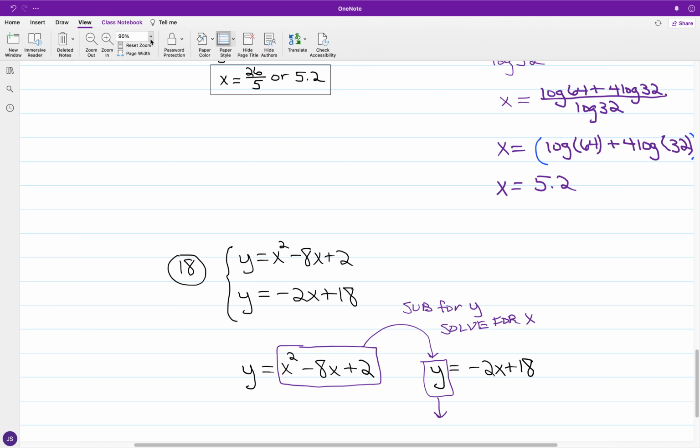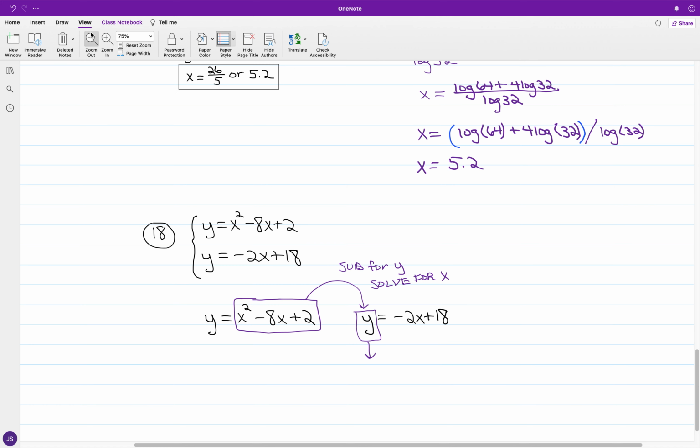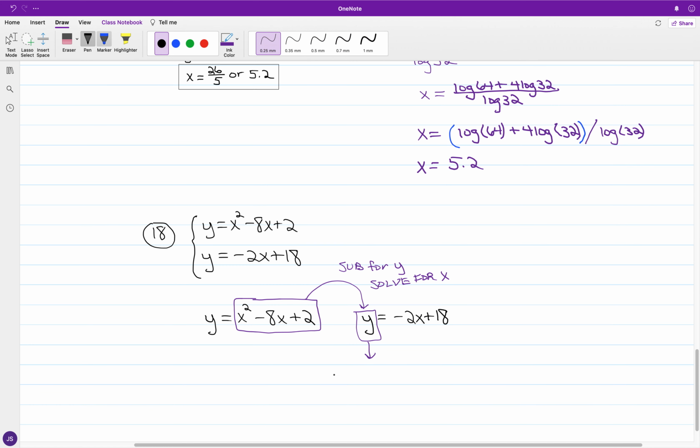And so for what we're going to have in the follow through, okay, so we have x squared minus 8x plus 2 is equal to negative 2x plus 18.